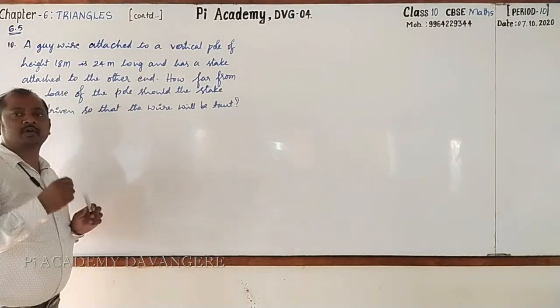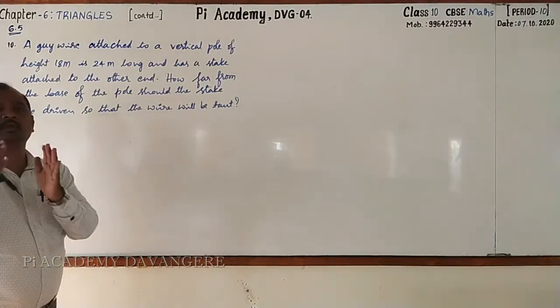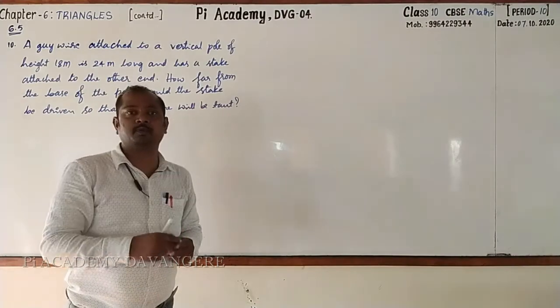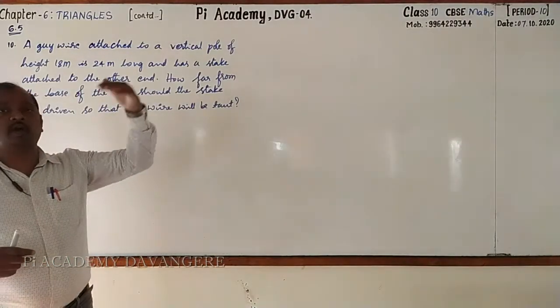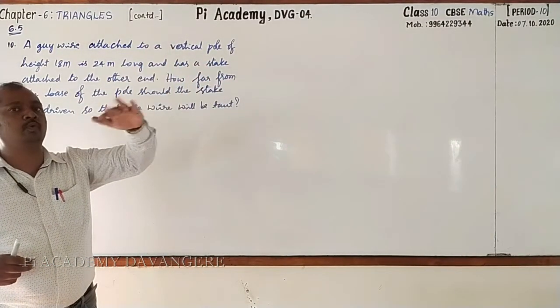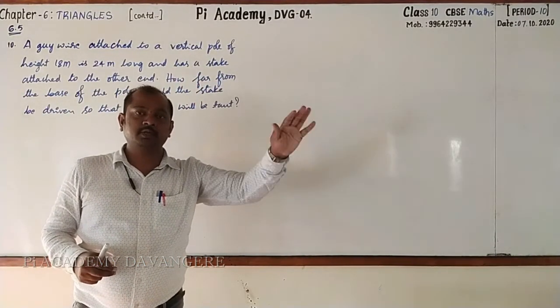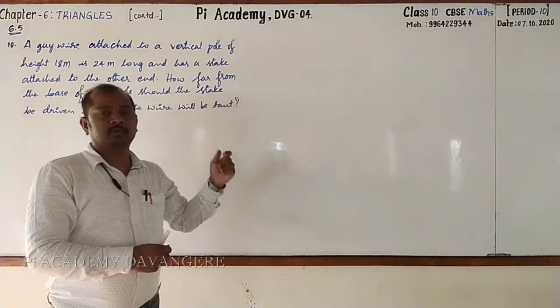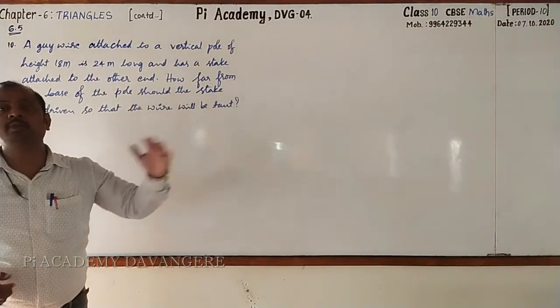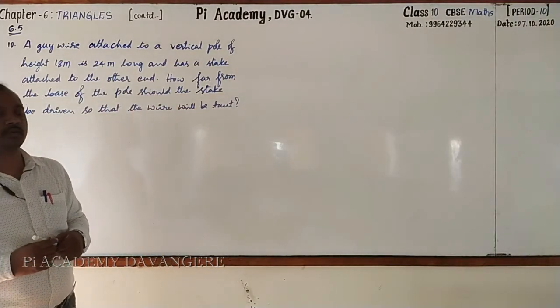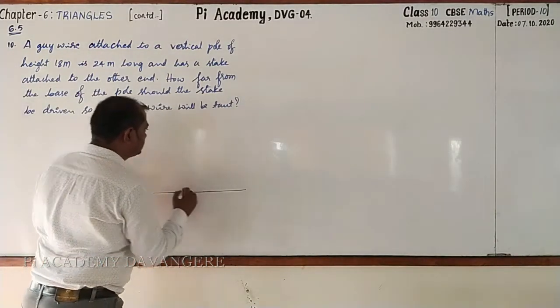Usually you come across this type of situation where we find electric poles. At last there is only one electric pole, no other support is there, then we will go for supporting it by tying the wire. We call that as guy wire. Look here, I draw that one.